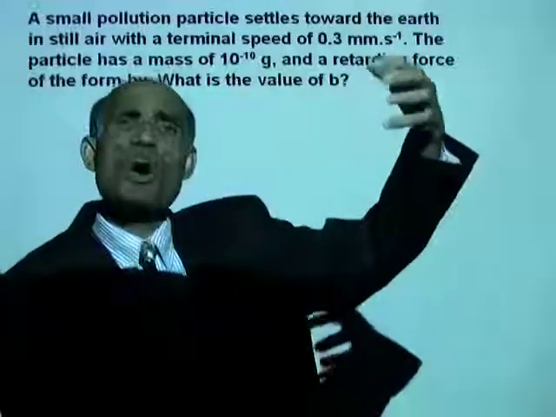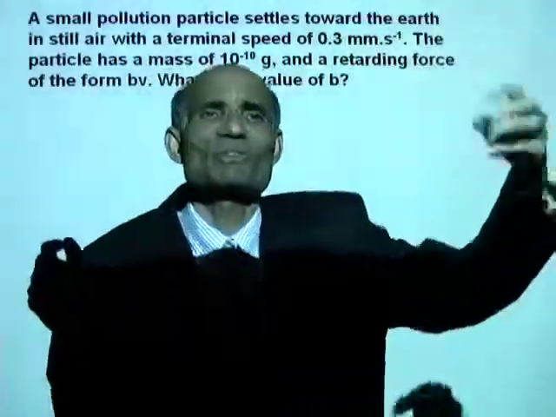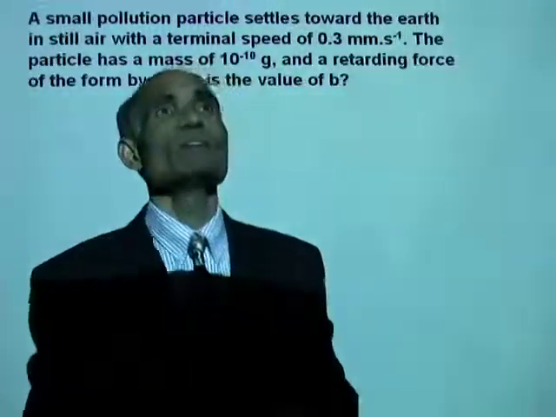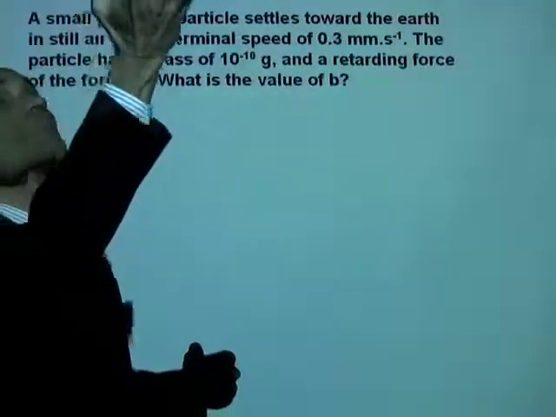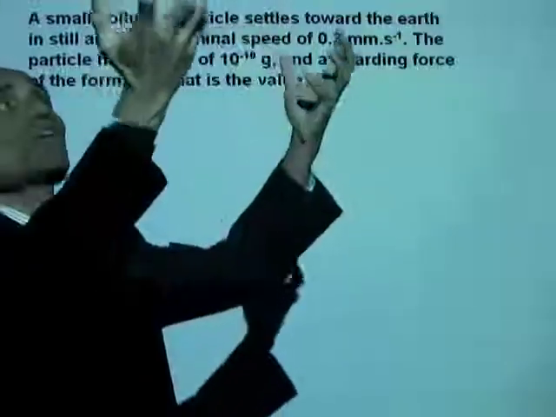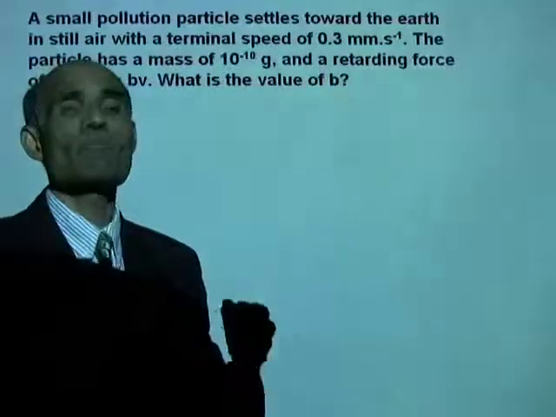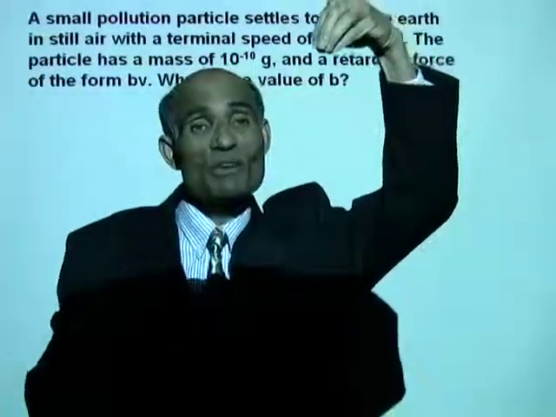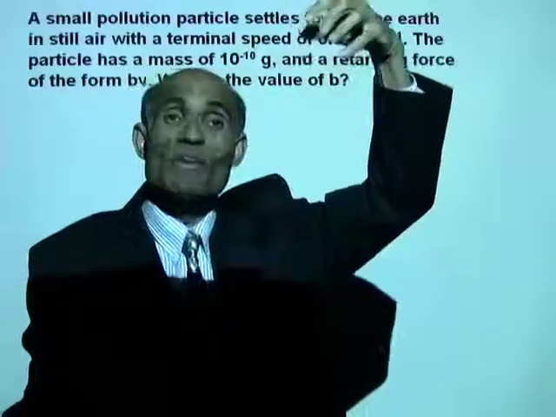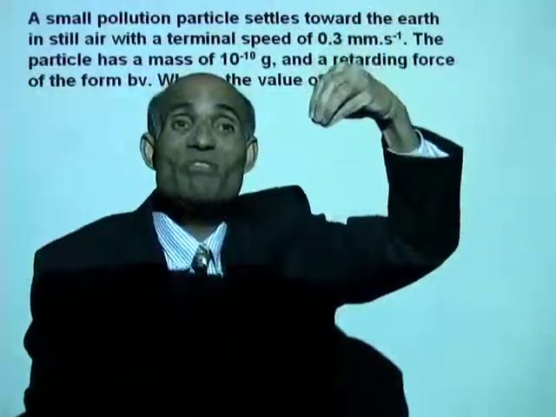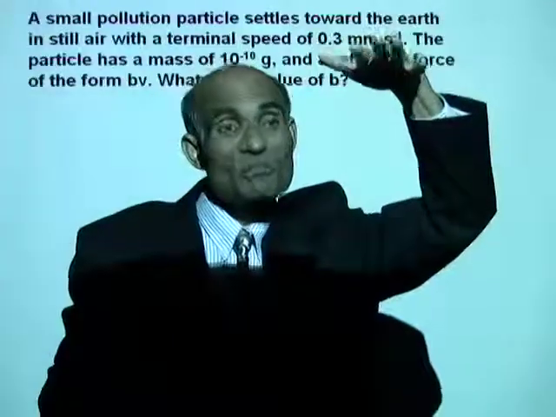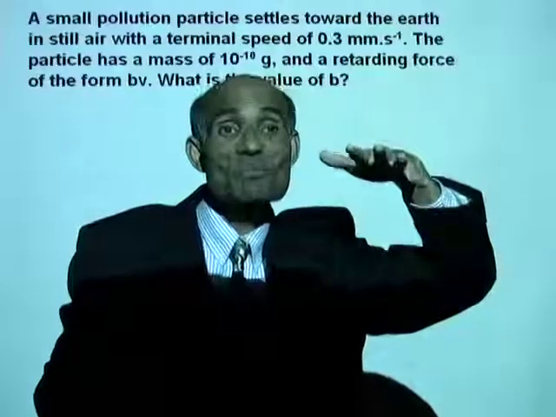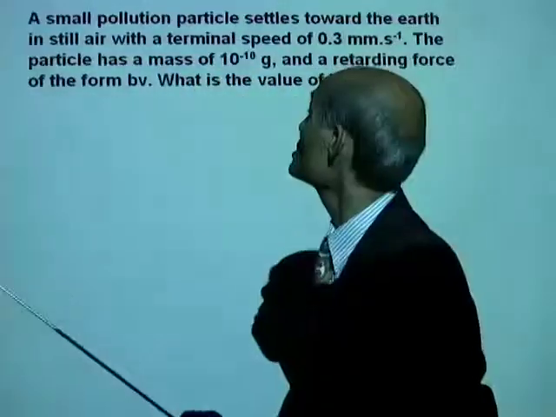There will be so many dust particles. You see, dust is roaming around all over. In fact, when I look at the light of the projector, I can see a lot of dust particles there. That's a pollution particle. And that pollution particle, very often, because it is so small, will reach terminal speed very fast. So it moves down with the terminal speed. That's what this problem is talking about.